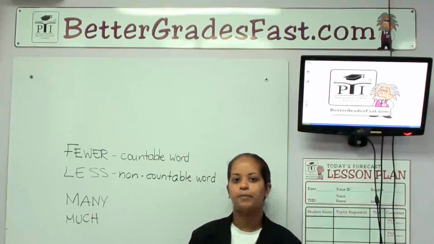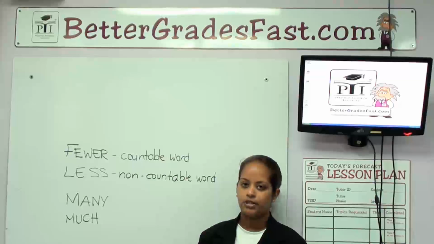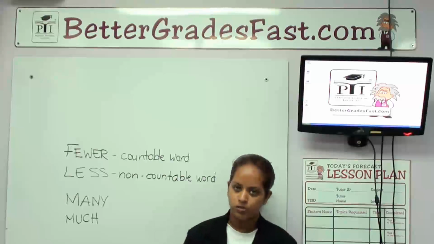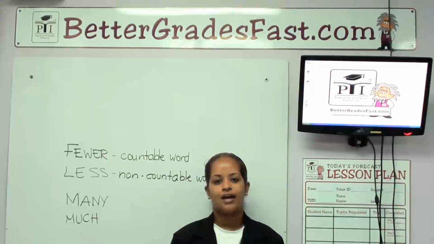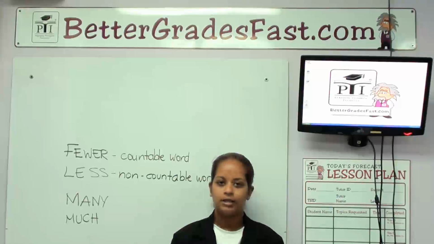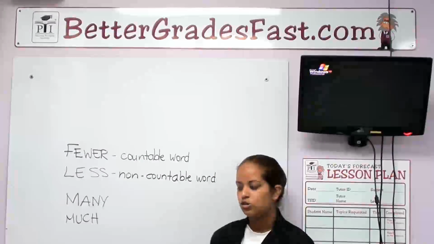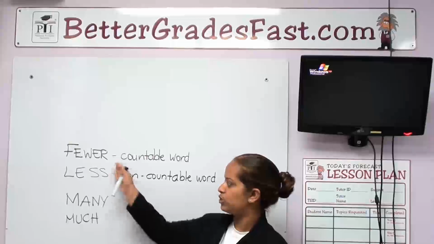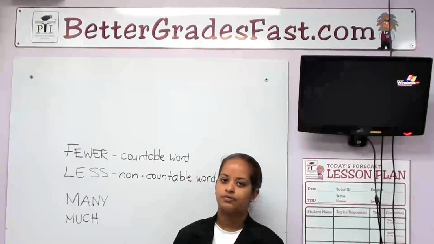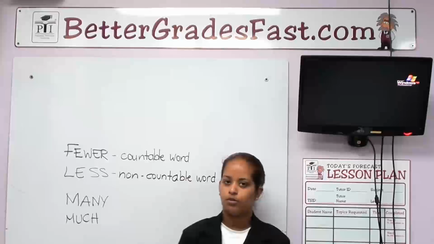Therefore, you need the word much. If you were talking about something you can count, use many. For example, my brother has too many cricket bats. You can count his cricket bats, so you use many. The same rule applies as we just saw to fewer and less. Let me tell you some more examples and then you can try some on your own.